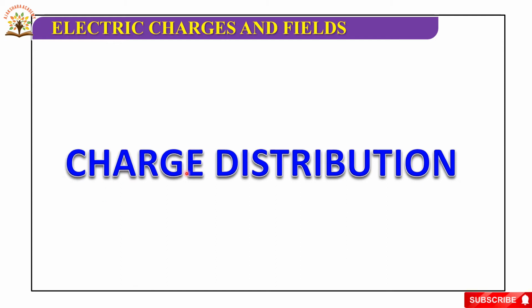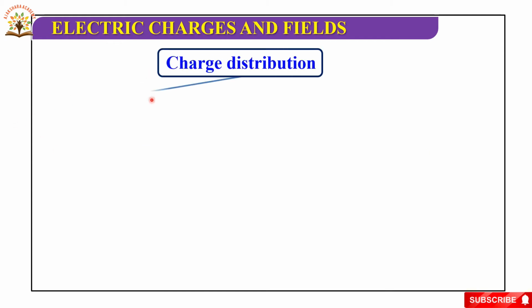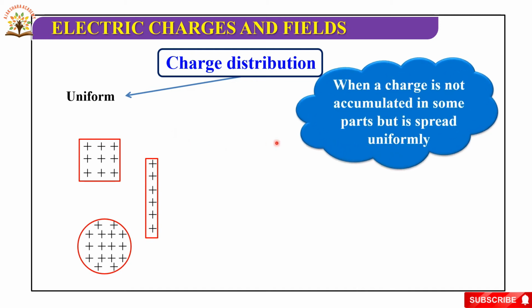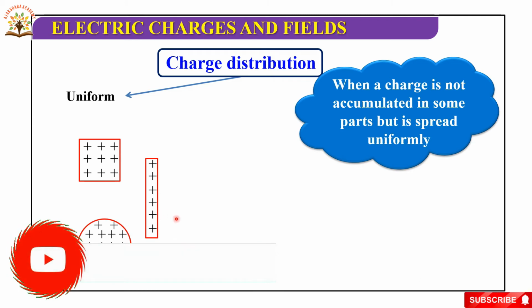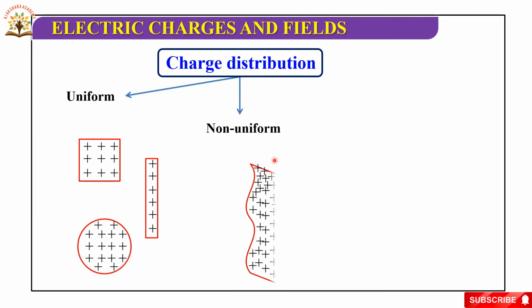Okay, let us go to today's session. First, charge distribution. The first one is uniform charge. When a charge is not accumulated in some parts but is spread uniformly, here the charge is spreading in a uniform way. Now the next one, non-uniform.